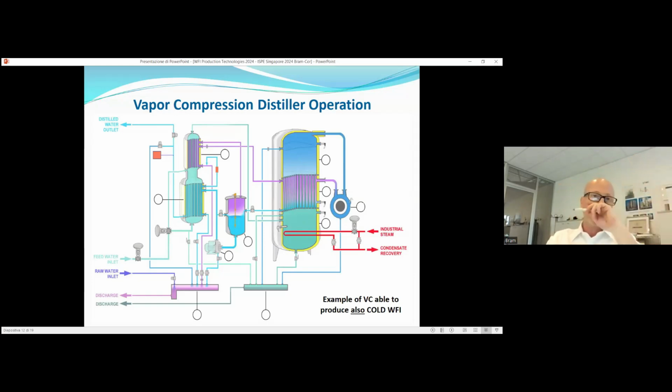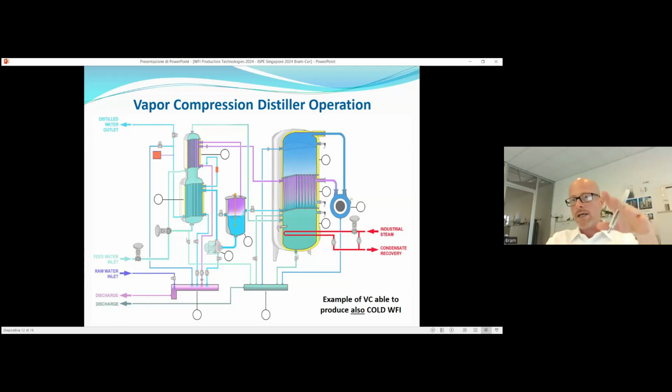Then there is a baffle on the top in order to separate the remaining droplets of water in the steam, obtaining dry pure steam on the top of the big column. The temperature at that point is over 100 degrees, but not so high.